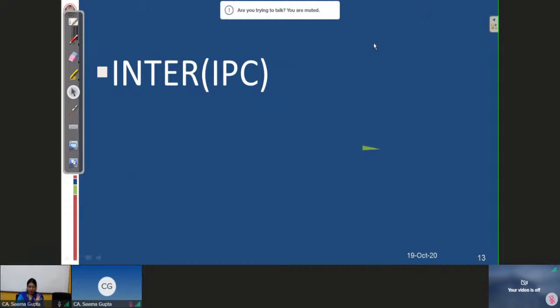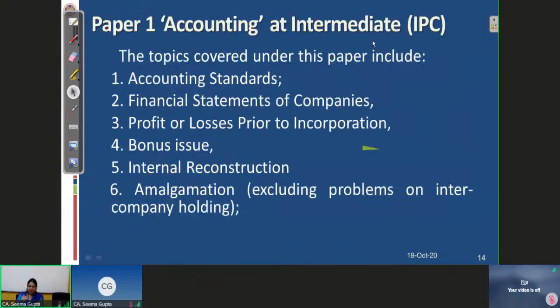This is the old course. In the old course, what topics do we have? Accounting standards, financial statements of companies, profit or loss prior to incorporation, bonus issue, internal reconstruction and amalgamation. That is one module.